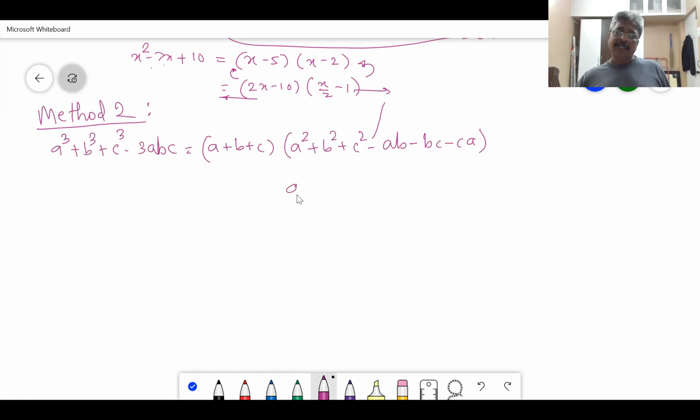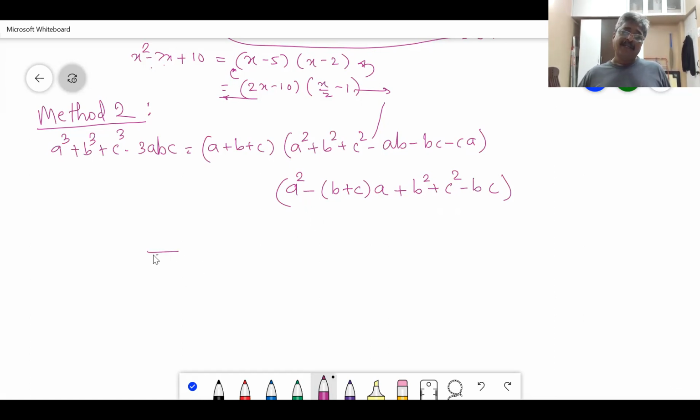So let us consider this as a square minus b plus c times a, that is ab, minus ac, plus b square plus c square minus bc. Right? It is one and the same. Only thing is that I have written it looking like a quadratic equation in a.